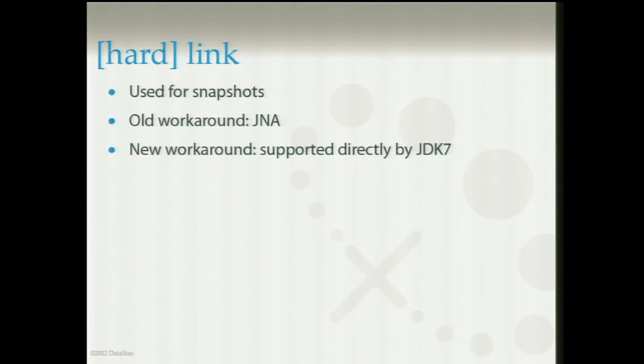So the only way to create a hard link up until Java 7 was to use something like runtime.exec. Now forking every time you want to create a link, when you want to create dozens of links, even with copy on write forking, can cause pain, especially when people have told their operating system not to overcommit memory.